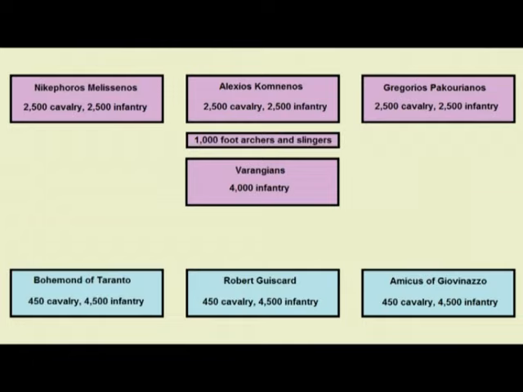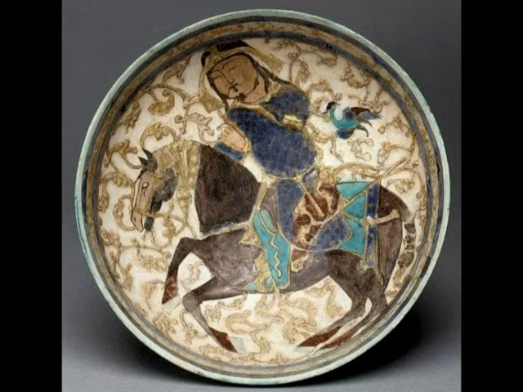But Robert crosses at night. Just imagine the Byzantines at the rising sun realizing what had happened. The Byzantine plans, of course, it was a backup plan, changed accordingly.